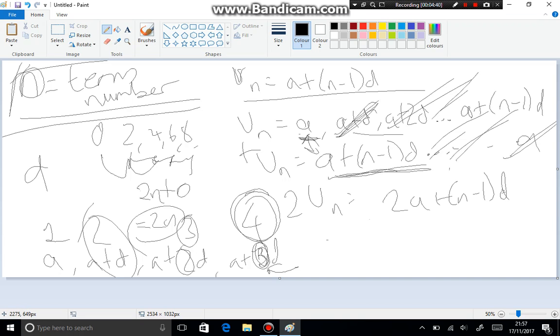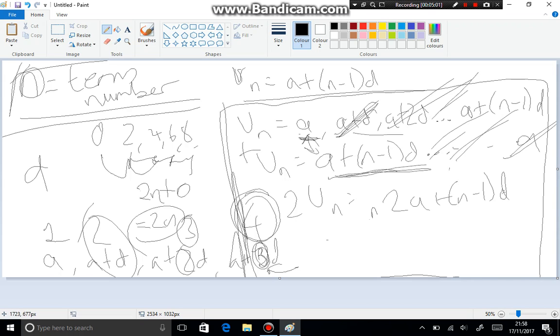And actually what we're doing here is finding the sum of a series. I just realized, yes, we're actually proving that the sum of a series is this. You need to know this, obviously it's a proof, the sum of a series.